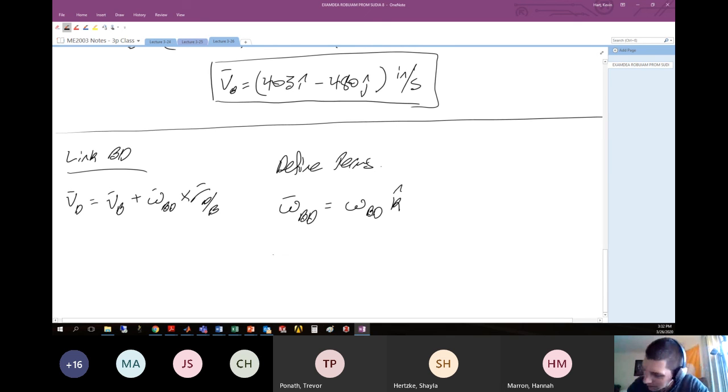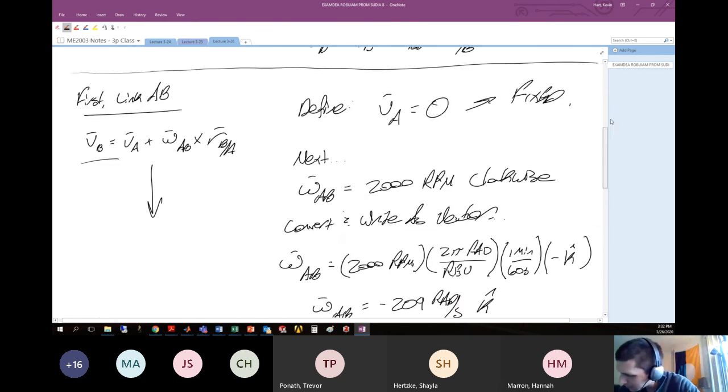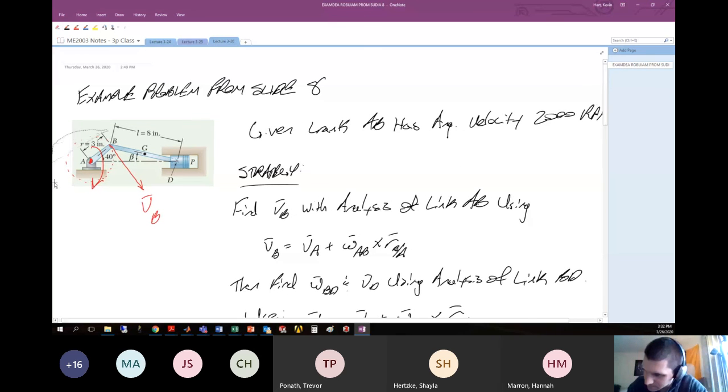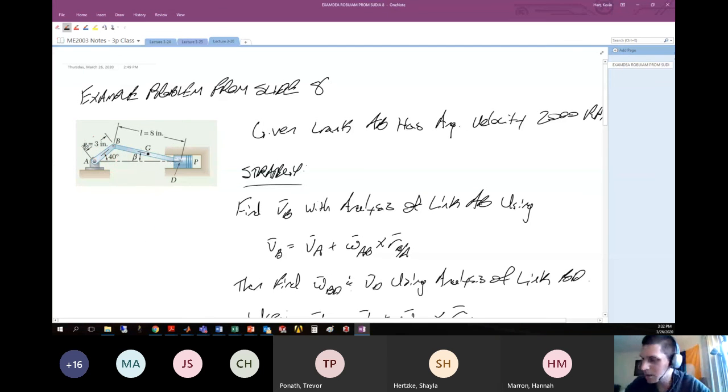Next, we have to go through an errand to determine the position vector of D relative to B. So let's go back and look at our picture. We want to define this general vector here, the position vector of D relative to B. Unfortunately, we have to use some trigonometry to figure out this angle beta.